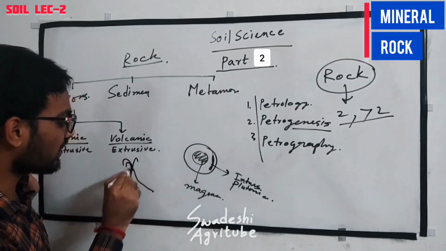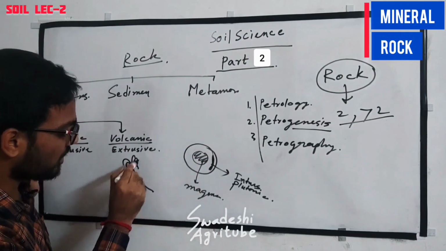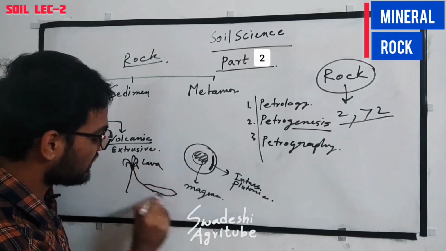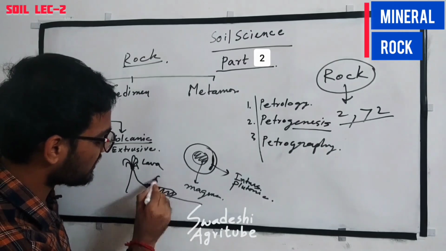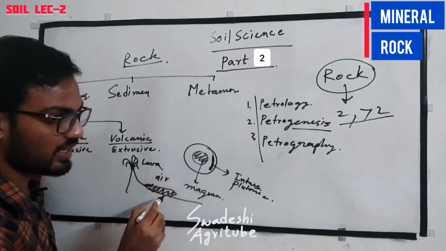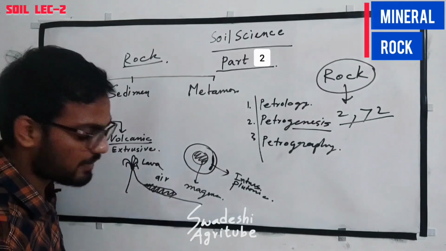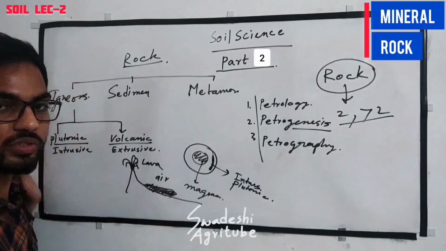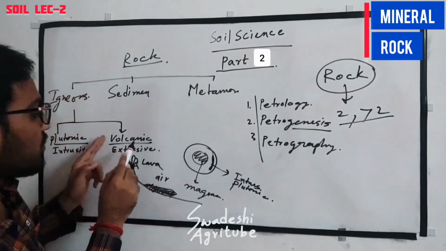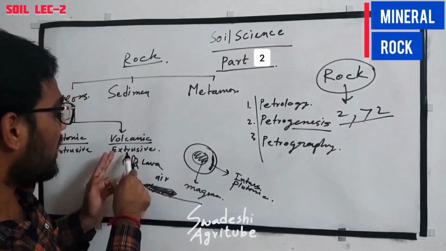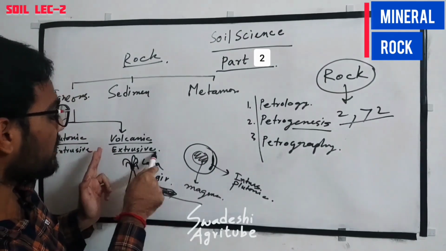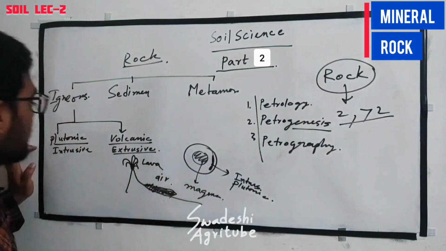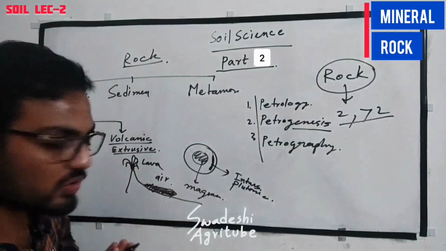If this is a mountain and there is a volcanic eruption, the lava, the magma will forcefully come out in the form of lava, then they will precipitate on the surface, and in the presence of air they will solidify, they will get cold, and they will form this volcanic or extrusive rock, because they are coming in force. That's why they are called extrusive rock. As this is generally outside the surface, they are extrusive, and they occur due to volcanic eruption, that's why they are volcanic.